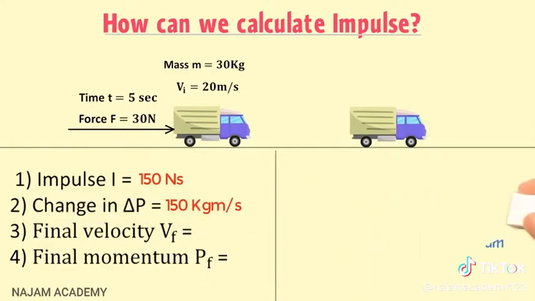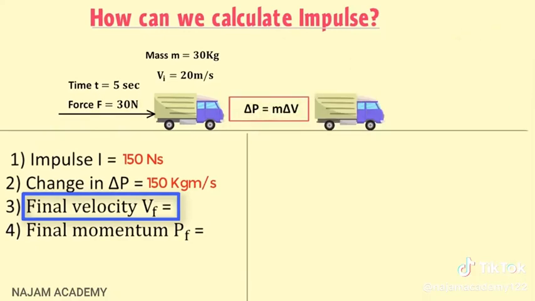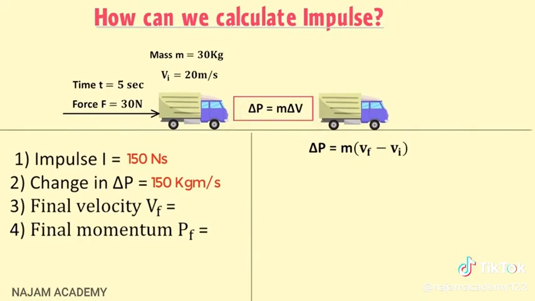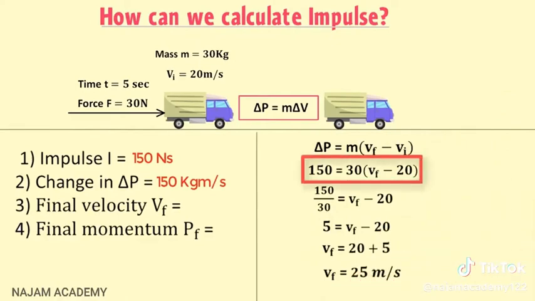Now, let me calculate the final velocity. We know that change in momentum is equal to mass into change in velocity. Change in momentum is equal to m into Vf minus Vi. Thus, 150 kg meter per second is equal to 30 kg into Vf minus 20 meter per second.